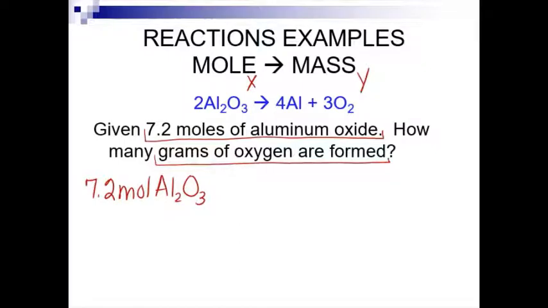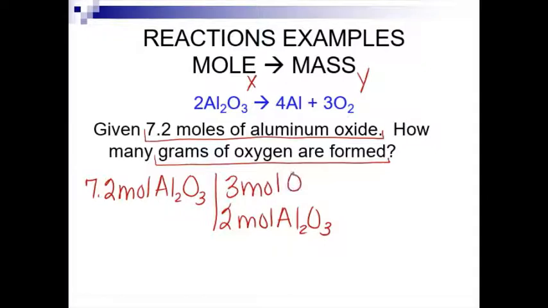Well, I can't go straight to oxygen grams. I actually have to figure out how many moles that is. So from the balanced equation, 2 moles aluminum oxide, 3 moles oxygen. So this is the mole ratio.